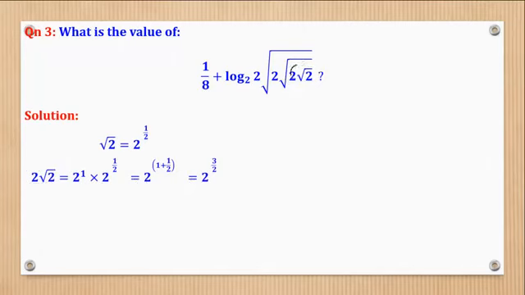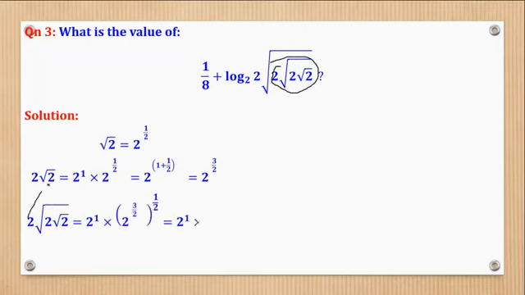Okay, now you have got this. What about the whole of this? It's the same as 2 to the power 1 times the whole of this, which is 2 to the power. Remember, this one inside is this, which was 2 to the power 3 over 2, but it is under a square root.